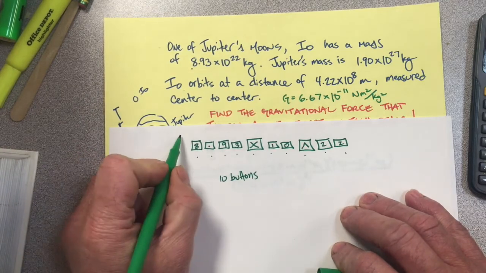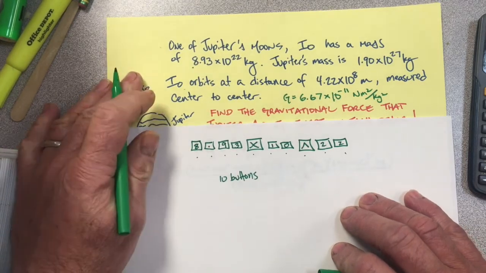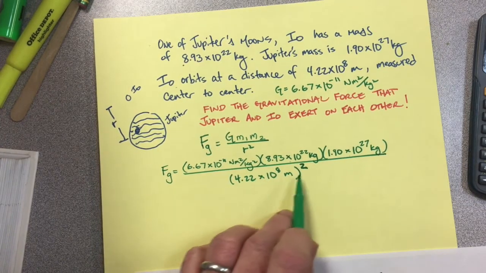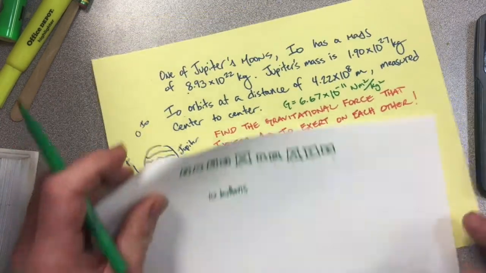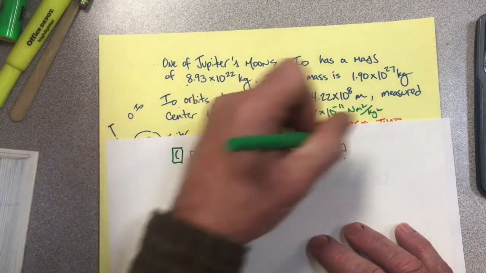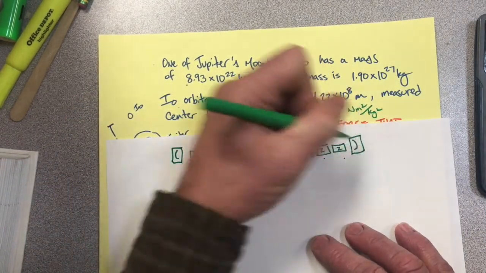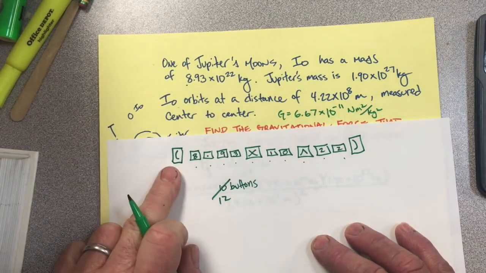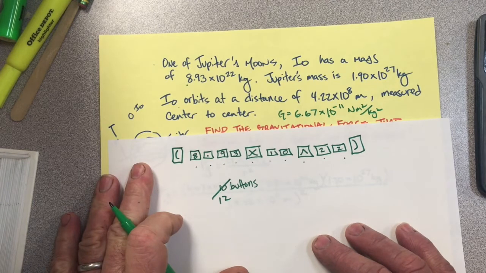Not only that, but because you're going to then multiply that by something else and divide it by something squared, you actually need to nest this in parentheses to begin with. And now we've hit 12 buttons, counting the parentheses. That's just not the right way to do it.